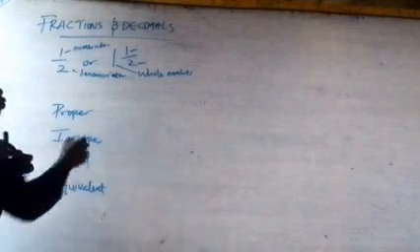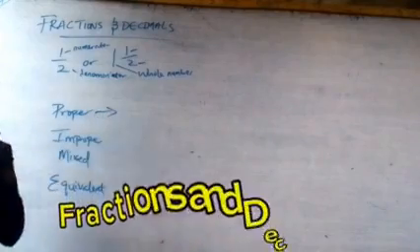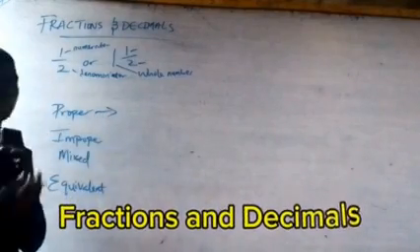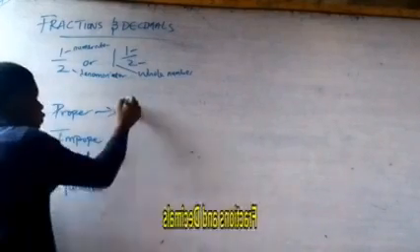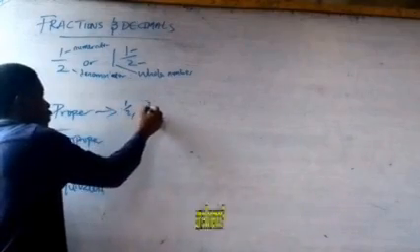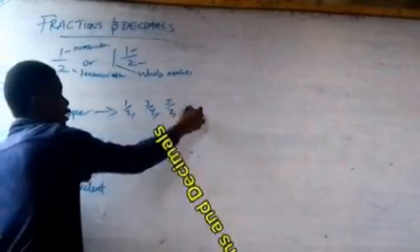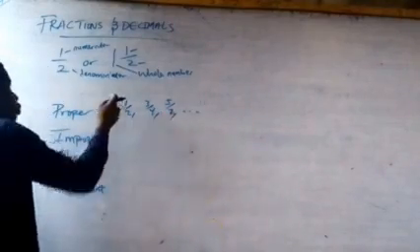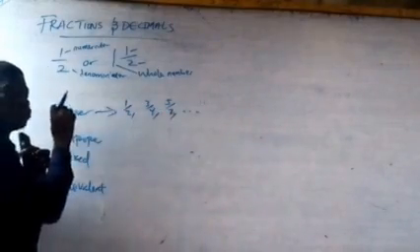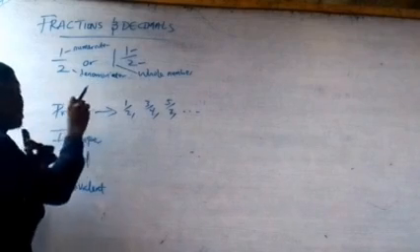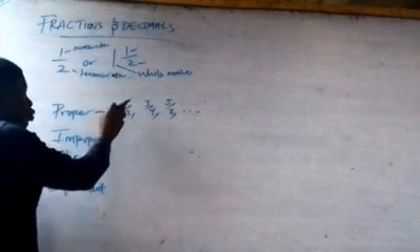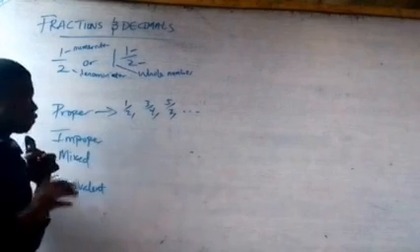Now, proper fraction is when the numerator is smaller than the denominator. We have 1/2, 3/4, 5/7, and so on. When the numerator is smaller than the denominator, it is a proper fraction.